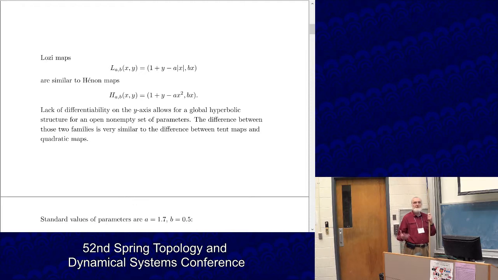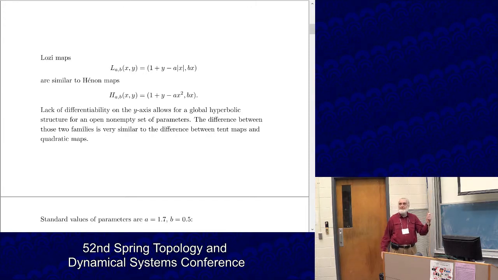I understand that everybody here knows what a dynamical system is. We have a compact space, which is mapped to itself by a continuous map. We iterate this map, and an attractor is a set that attracts maybe all points, maybe at least some points from the neighborhood. So here it's a map of a plane to itself.